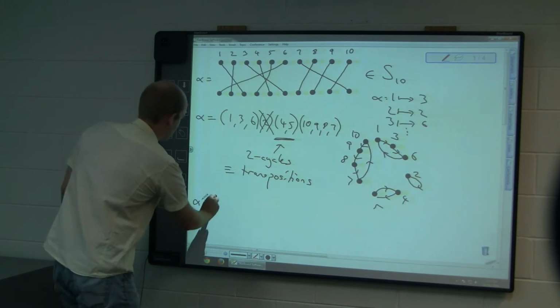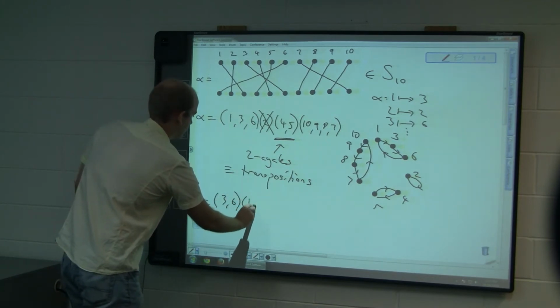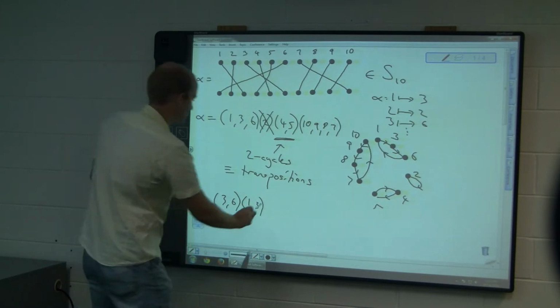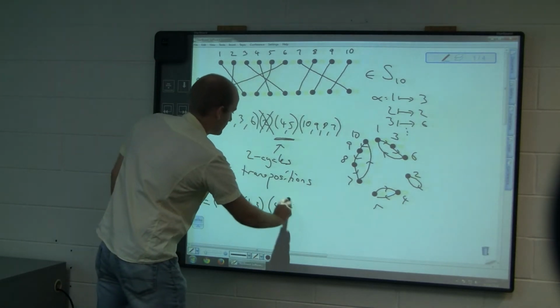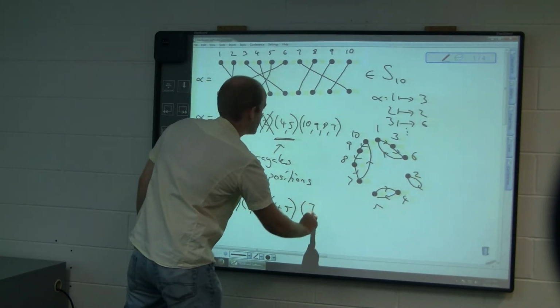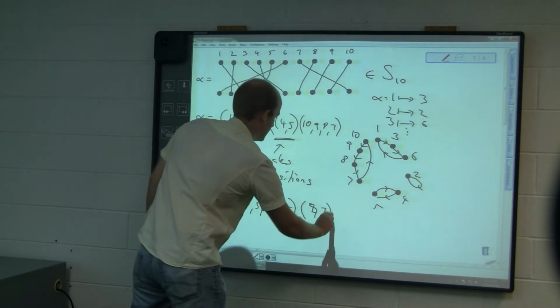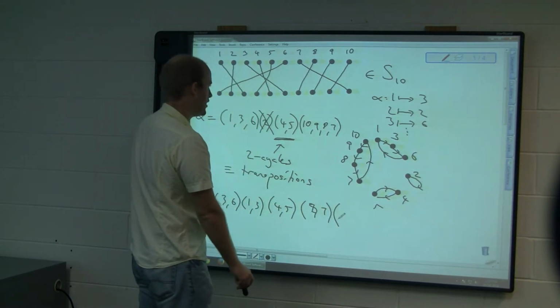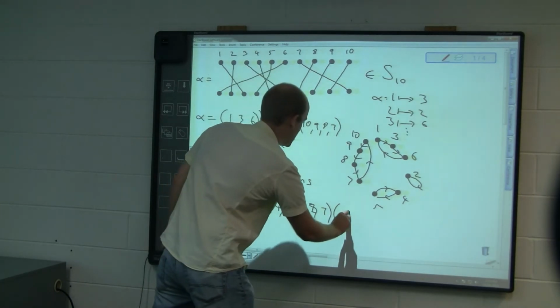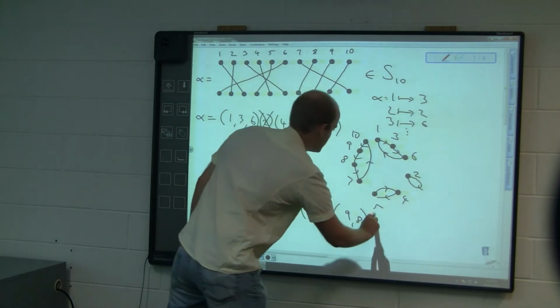The 136 cycle, we can write that as (3 6)(1 3). I'll explain why in a moment. (4 5), and then what do we have? (7 8). Right, it was 8, 7 actually, for reasons to become clear later. (8 7)(9 8)(10 9).